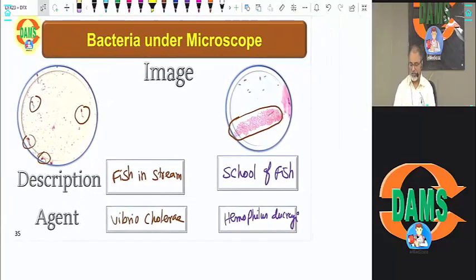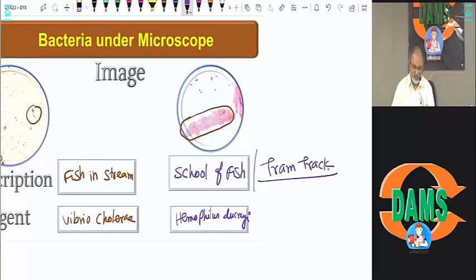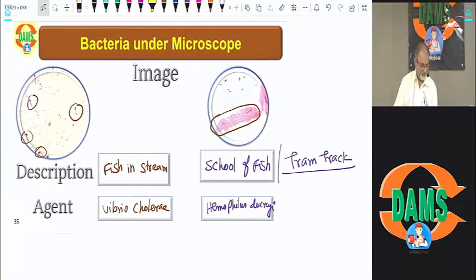No confusion. Fish in stream, school of fish. It is otherwise called tram track arrangement. Okay, fish in stream, tram track arrangement.